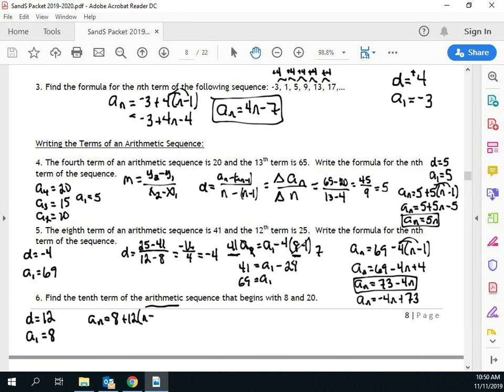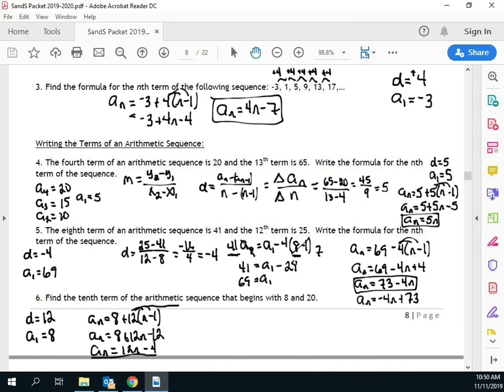If I can get this one right. So we end up with this as our equation. A sub n is equal to 12n minus 4 is the equation we're looking at.